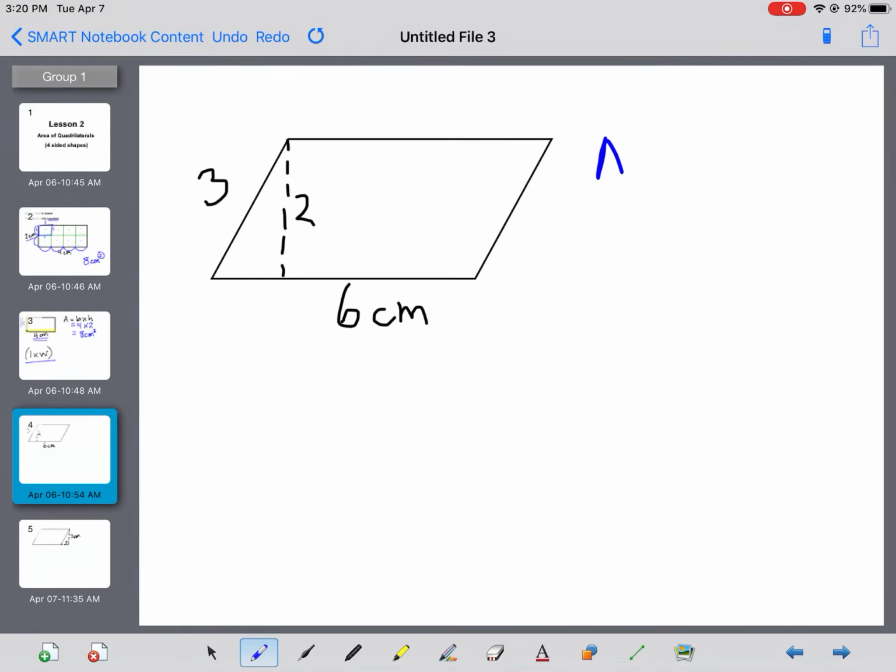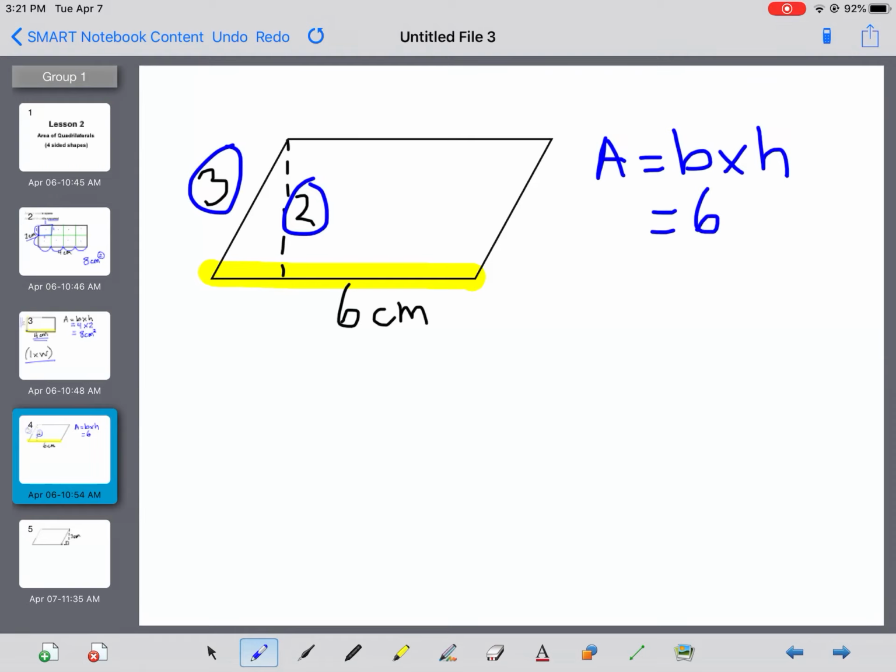But the reason I wanted you to do base times height is because we can use that formula for other shapes as well. So here I have a parallelogram, and you can use the same formula for parallelograms, base times height. So like I said, the base is the bottom straight edge of the shape. So our base for this one is going to be 6. But now what we have to pay attention to here, we have 2 other numbers that could be possibilities for our height.